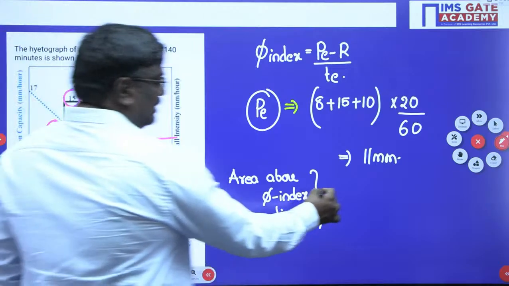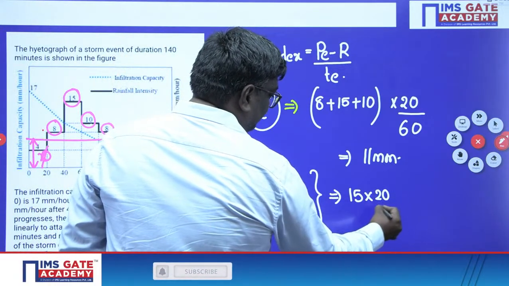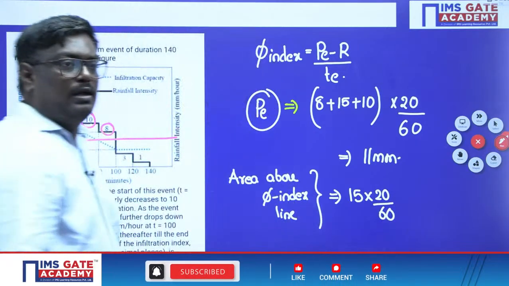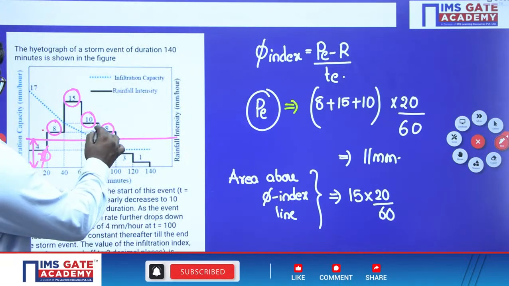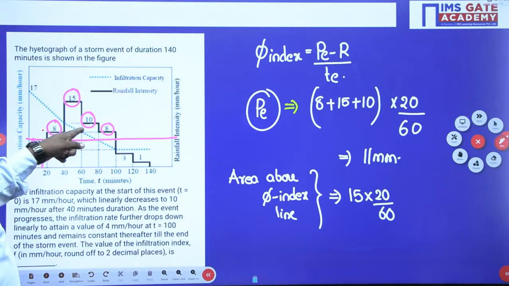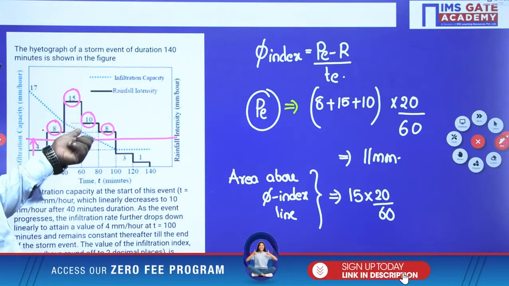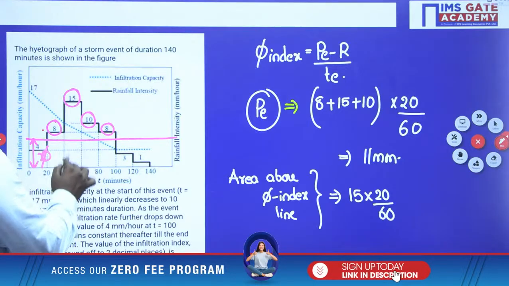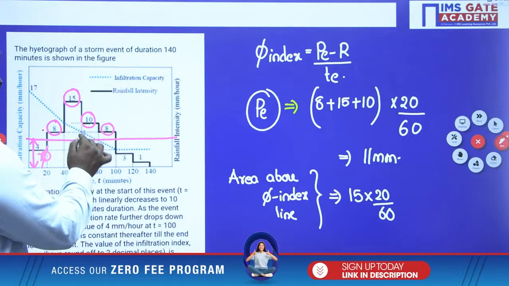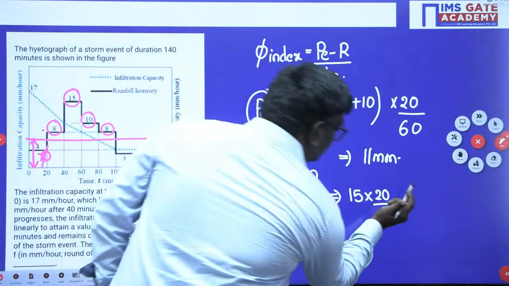So you can write 15 into 20 by 60. And you can take directly, this is one triangle and this is another triangle. You see here it is 15, right? From here to here it is 20 minutes. So from 10 to 8. So here it is falling from 15 to 10.